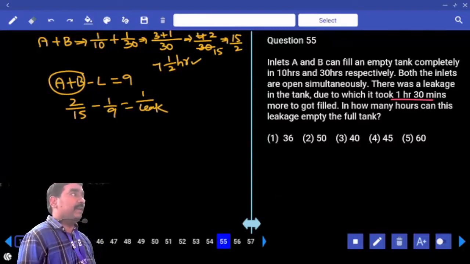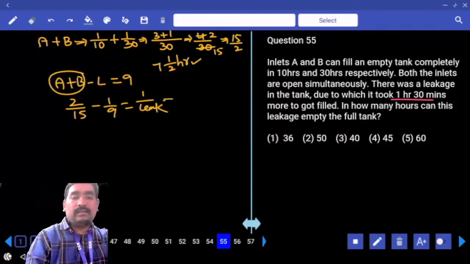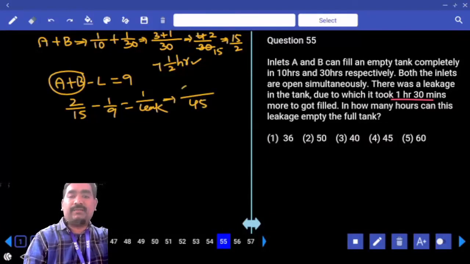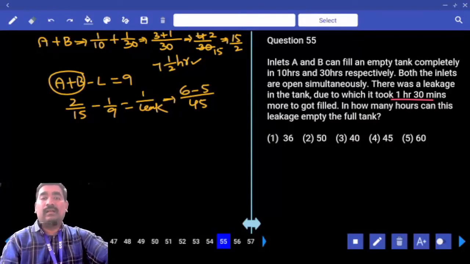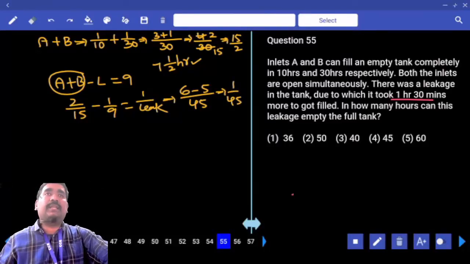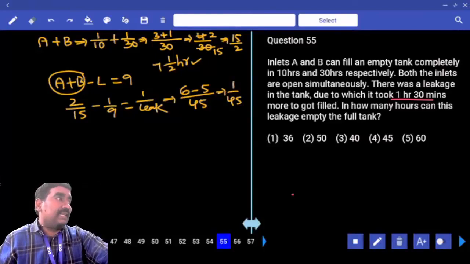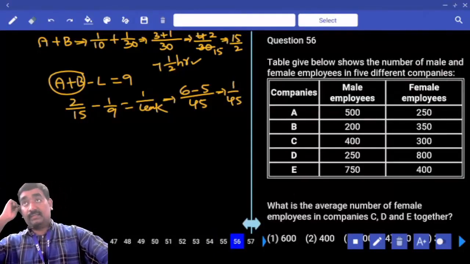So 2 by 15 minus 1 by 9. LCM 45. 15 times 3, 2 threes are 6. 9 times 5. 6 minus 5, 1 by 45. So leakage alone can empty the tank in 45 hours.